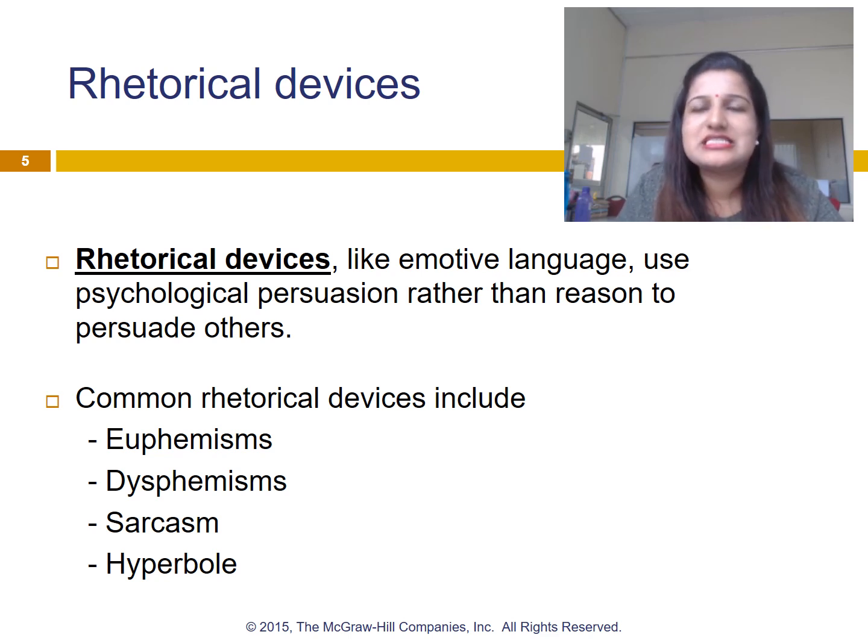You have to understand that these devices are used to manipulate people. They don't have to manipulate people if they have the facts, if they have the points. So in this case, they lack substance. Therefore, they use language to cover up, to advertise, to promote their ideologies.